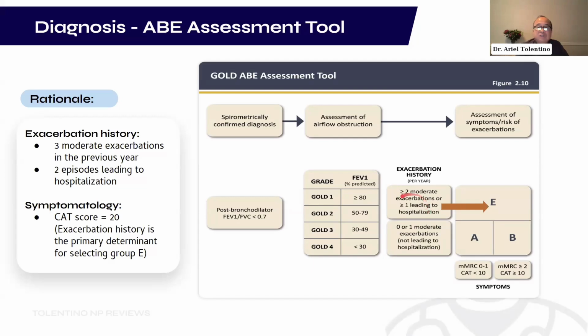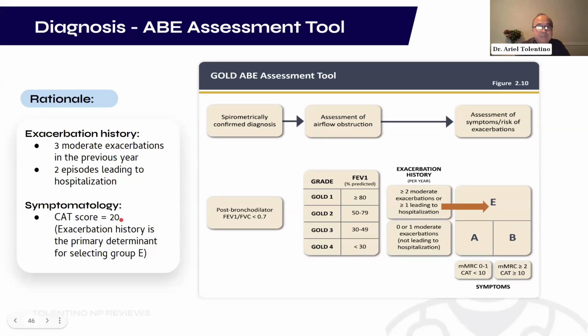That definition is congruent with what is presented in the clinical vignette, because there were 3 moderate exacerbations in the previous year and 2 of those exacerbations leading to hospitalization. So definitely that is congruent with the box definition on the top, which gives you a result of group E on triangulation. Now, the symptomatology score was actually provided using a CAT score, giving a result of 20.